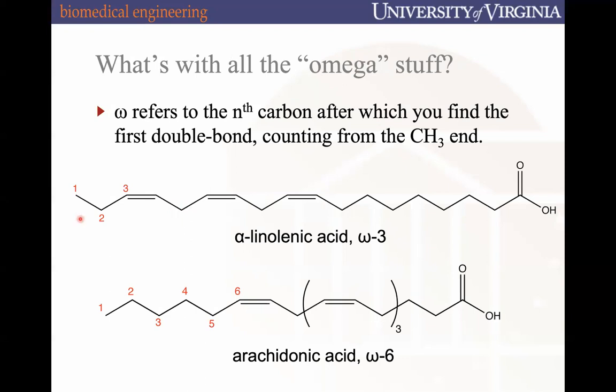The number after the omega refers to where the first double bond occurs from the far end of the chain. The 3rd spot is this omega-3 linoleic acid, and this omega-6 arachidonic acid occurs at the 6th carbon from the end. So it's just a good thing to know this nomenclature.